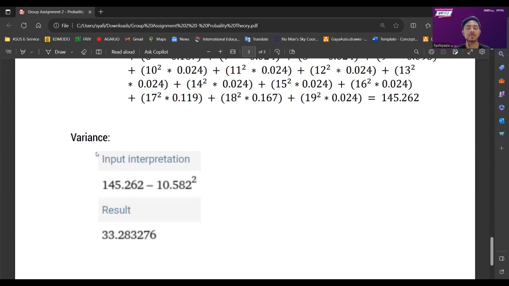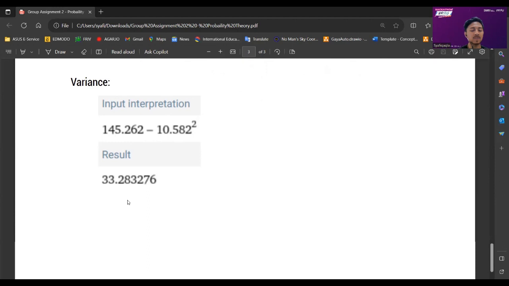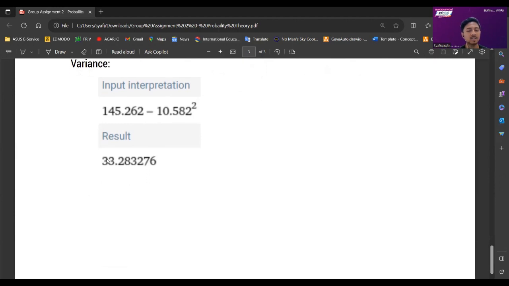We need to subtract the mean value squared from the second moment, the mean square value. So the result will be 30.28 and so on.